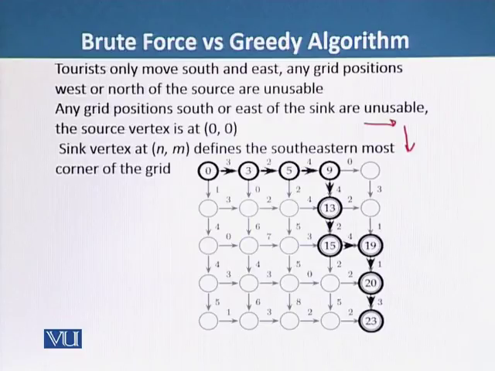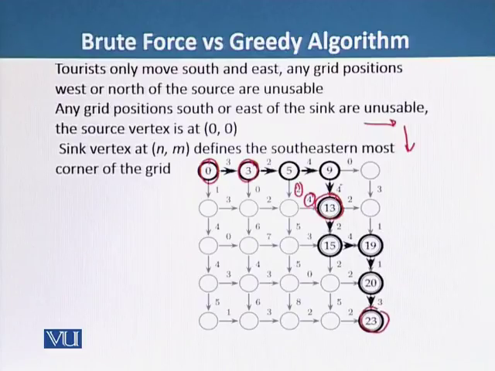So any grid position south or east of the sink is unusable. The sink could be any point, because this is the source point, and with reference to it, any point could be a sink. For example, if this is the sink point, then we cannot use this point and this point. We cannot use points in the north and west directions.